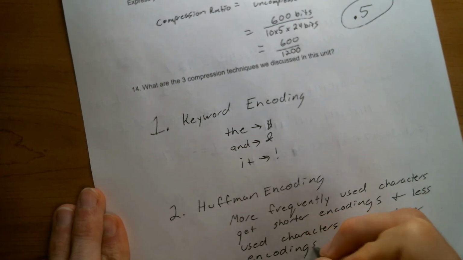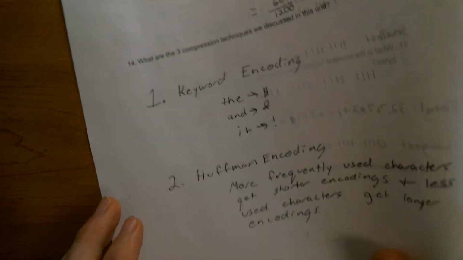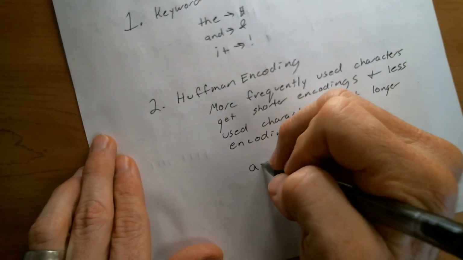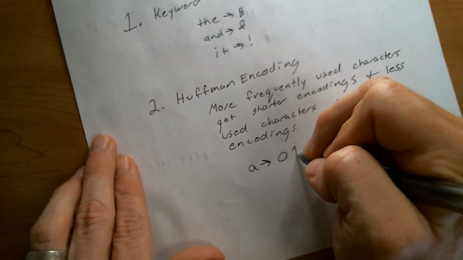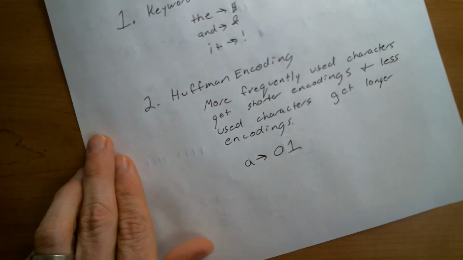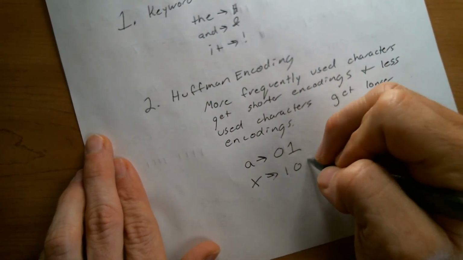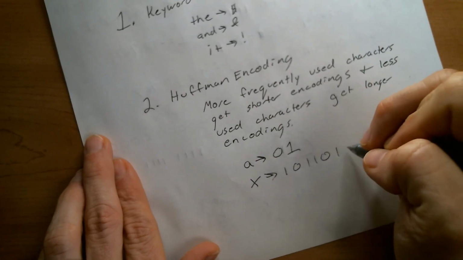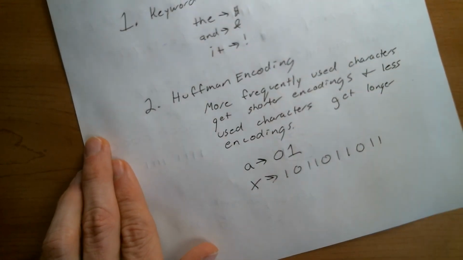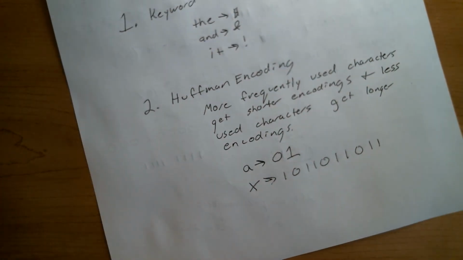So you might be able to represent the letter A with just a 0 and a 1. And then you might represent the letter X with something like 1, 0, 1, 1, 0, 1, 1, 0, 1, 1, or something like that. So it's going to be a much longer encoding for the less frequently used letters.